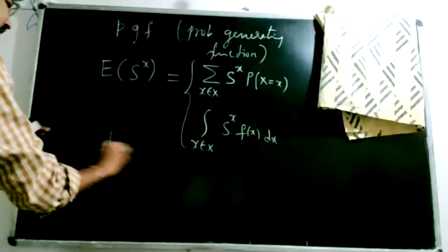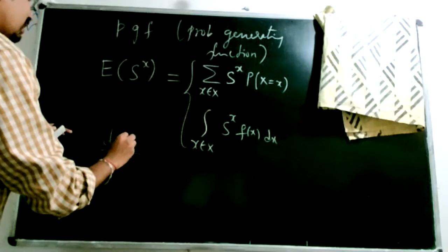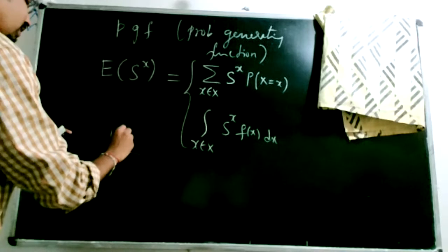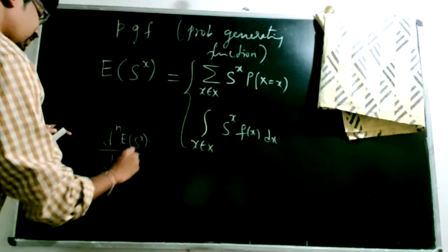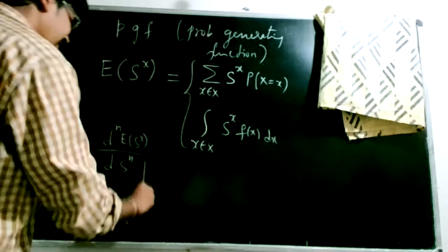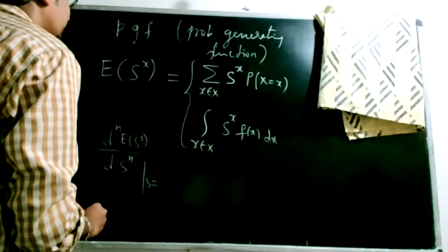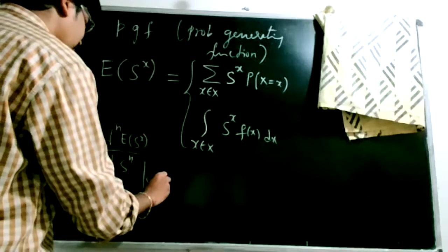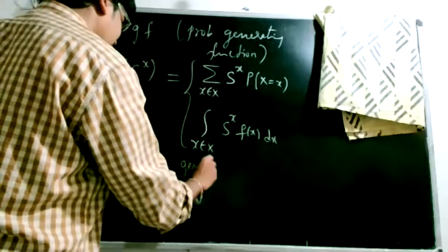Continuous successive differentiation of the expectation of s power x with respect to s, and putting s equal to 0, will generate the probabilities.